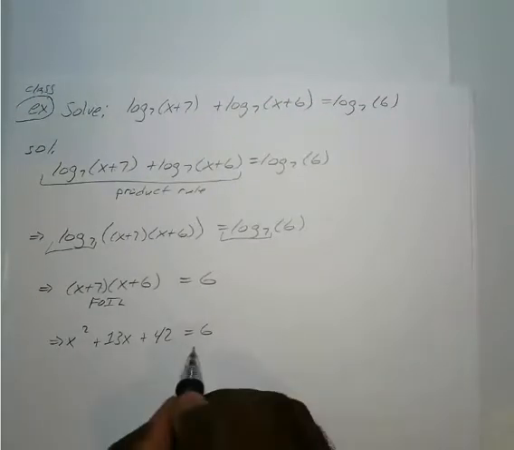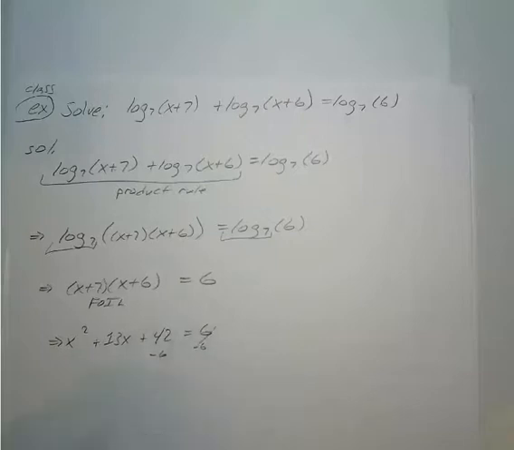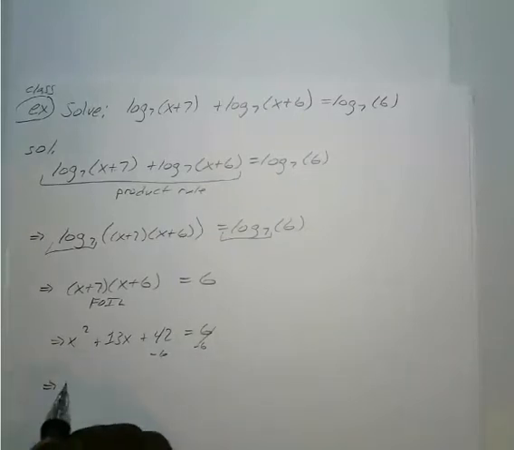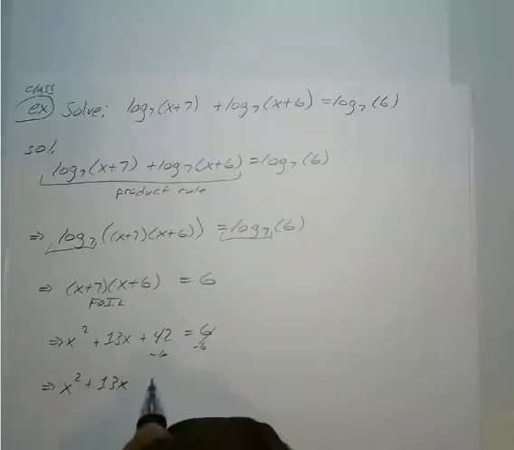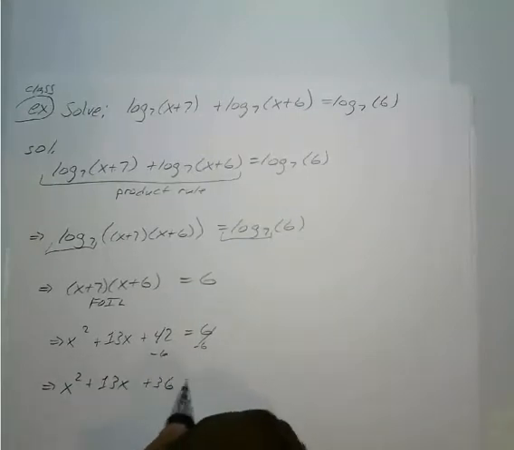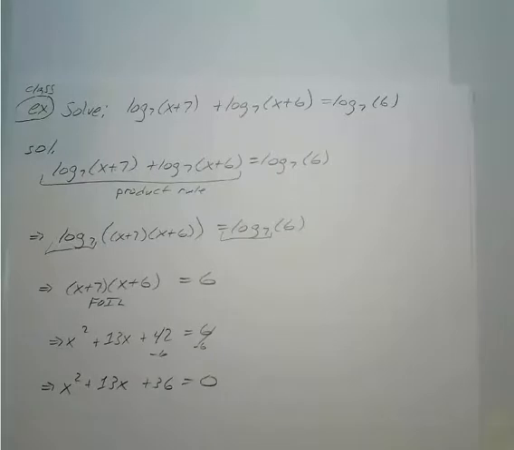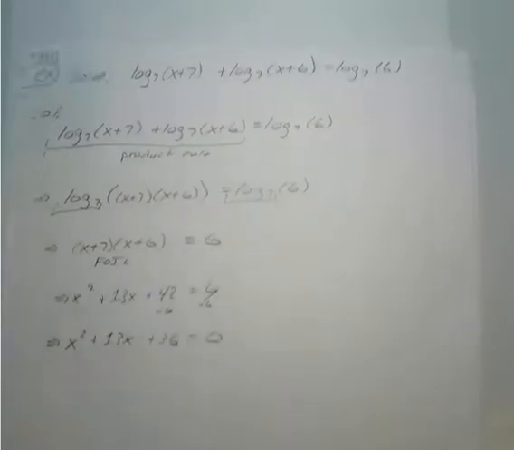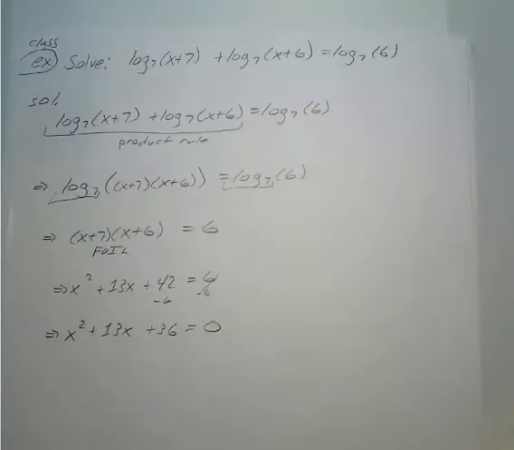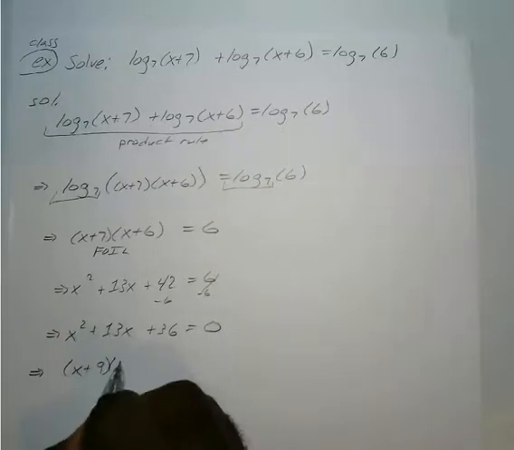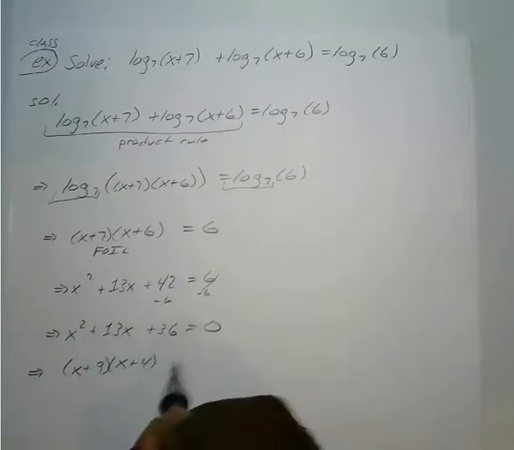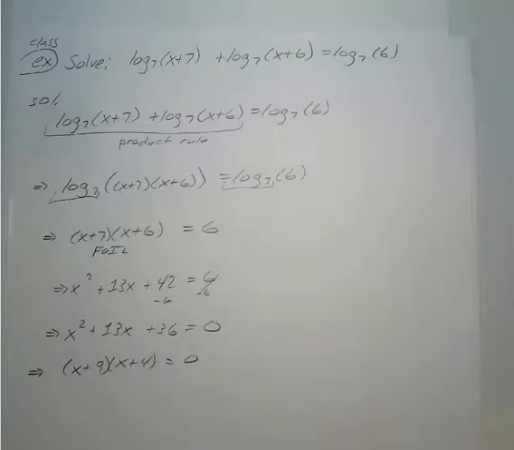All right, so if we subtract 6 from both sides, we end up with x squared plus 13x plus 36 equals 0. Okay, so if we factor this side, that gives us x plus 9 times x plus 4 equals 0.